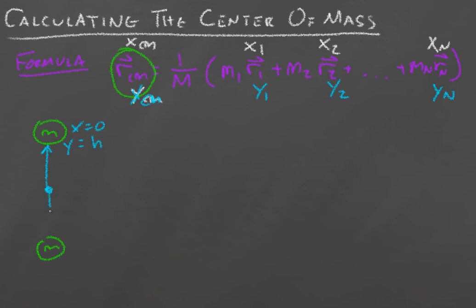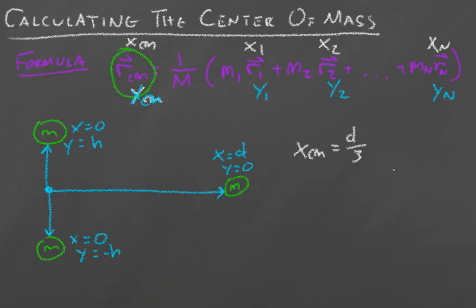I can have another particle at x equals 0, y equals minus h, and then I can have a third particle at x equals d, y equals 0. So we've already seen, if we look at the x center of mass, the x center of mass is just d over 3.